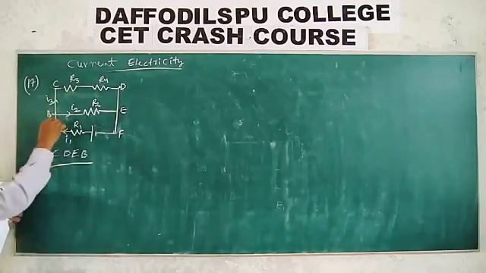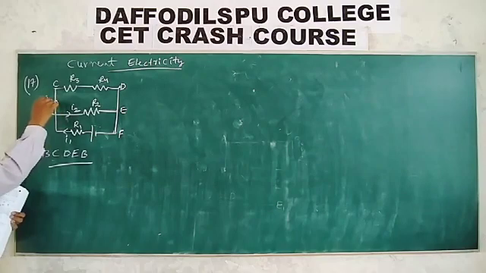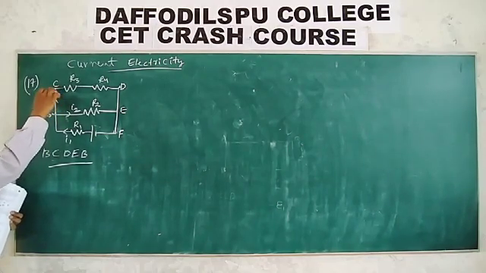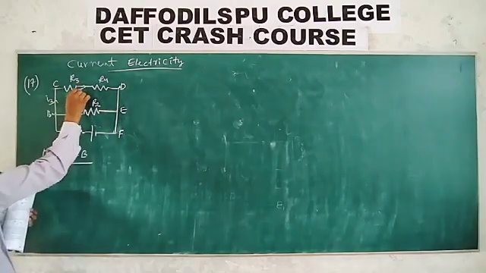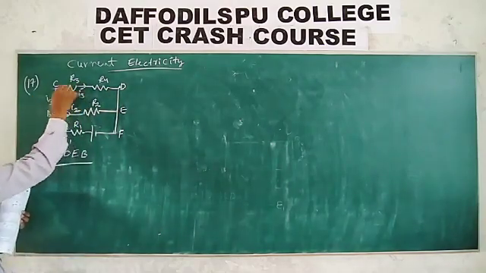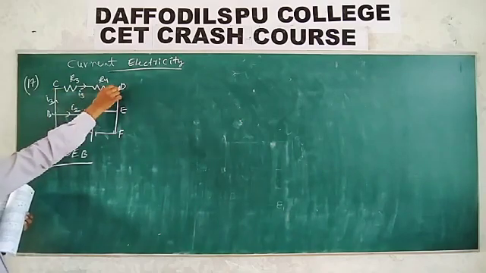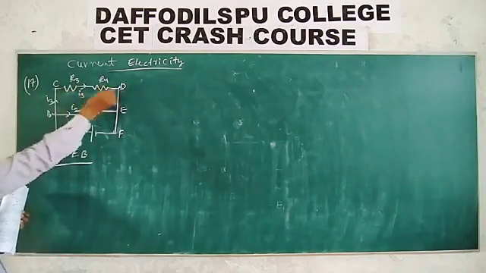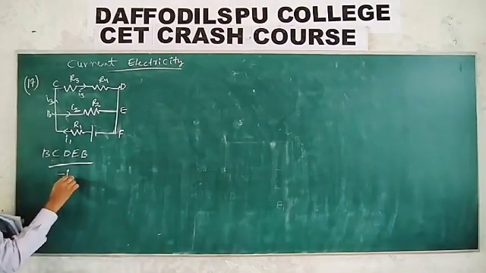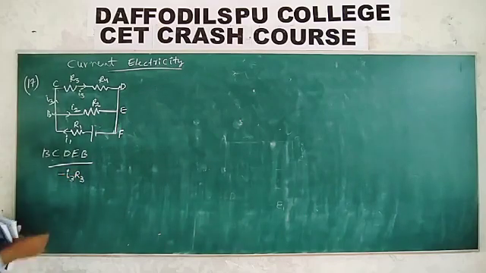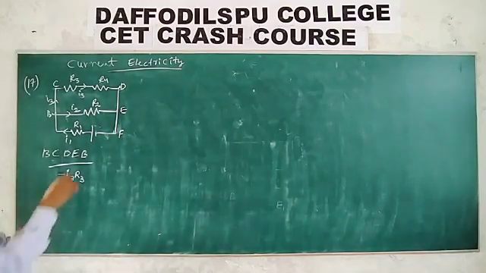BCDEB. When you are moving from B to C, there are no components, no cell or resistance. Whereas from C to D, what is the current flowing? I3. Then what is the potential difference? The direction of measurement and the current direction are the same, so the potential difference is negative, minus I3 R3.